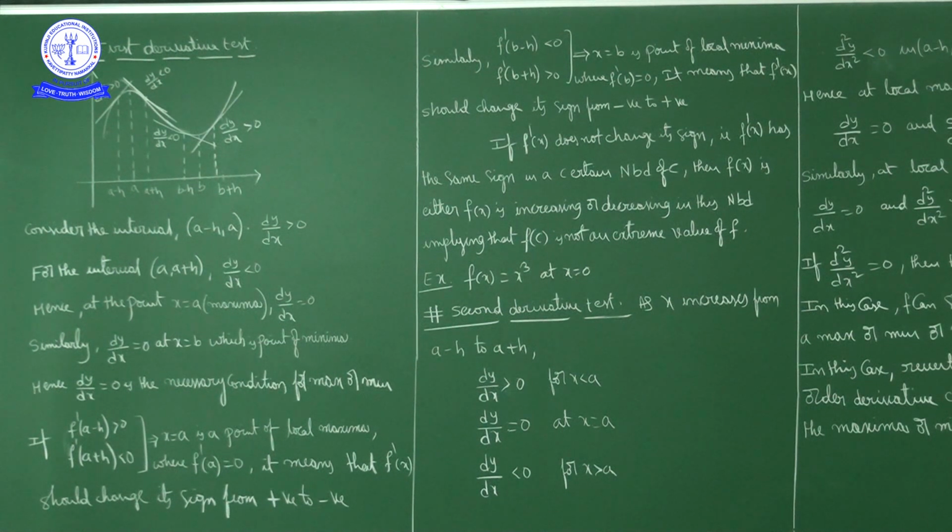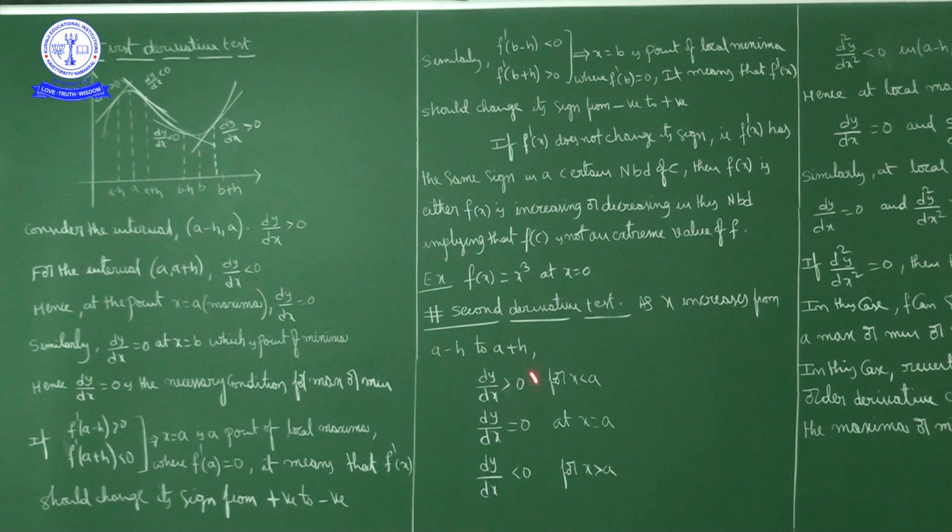In the open interval a minus h to a, dy by dx is positive. Now dy by dx equal to 0 at x equal to a, and dy by dx is negative in the interval a to a plus h. That is what is written here.